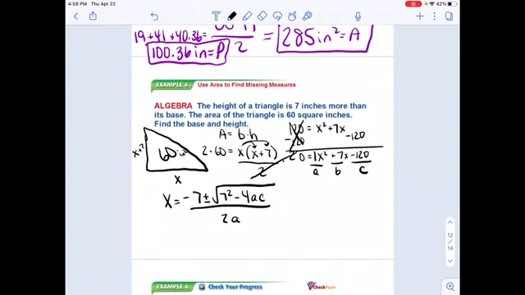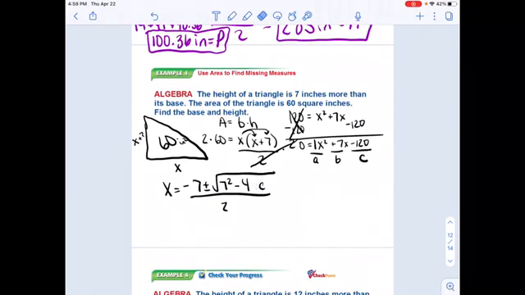So B becomes 7, A is 1, C is negative 120. And then I go ahead and I solve.